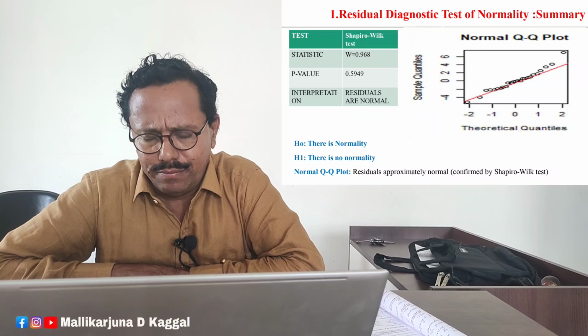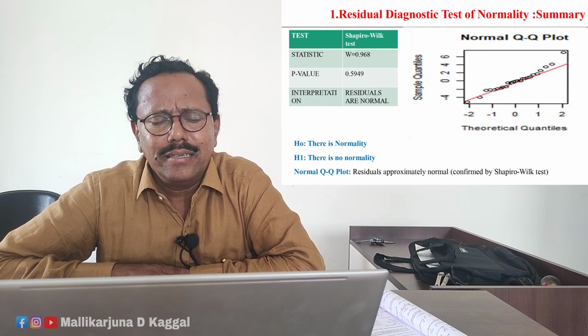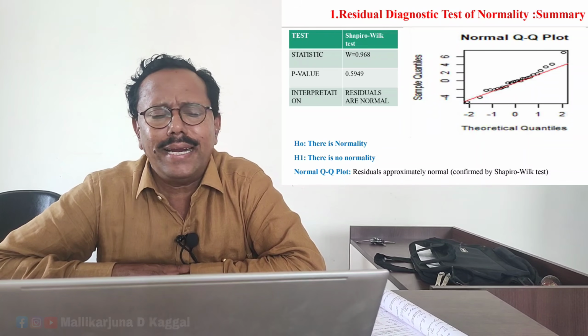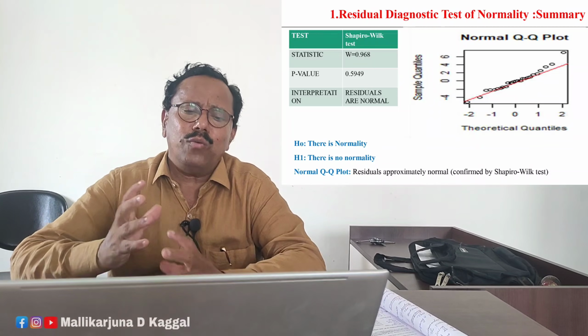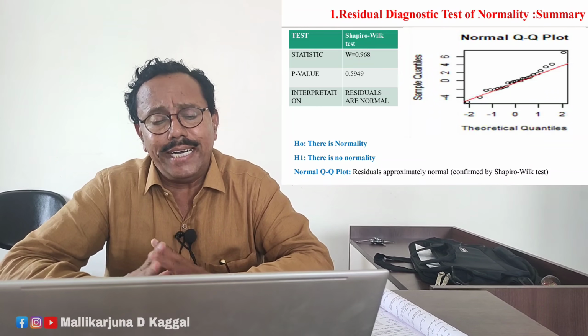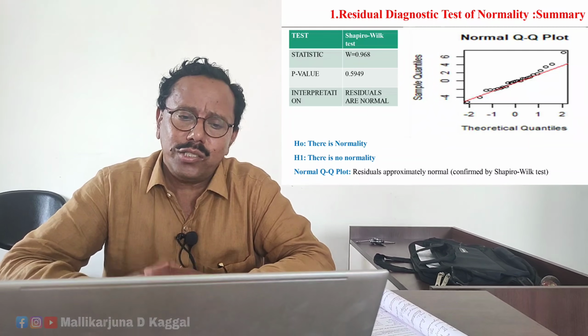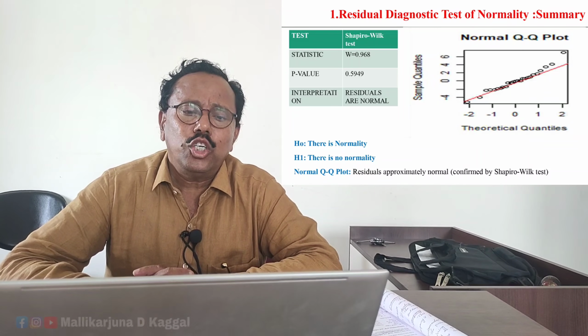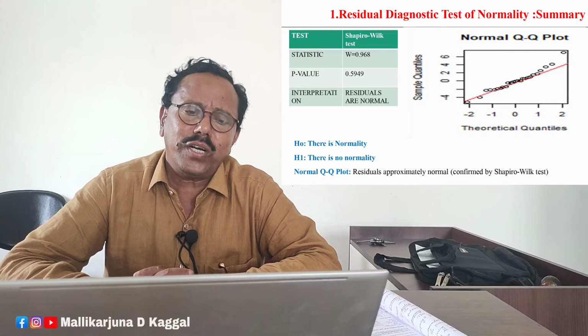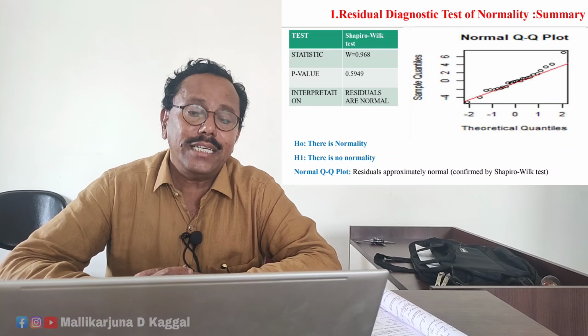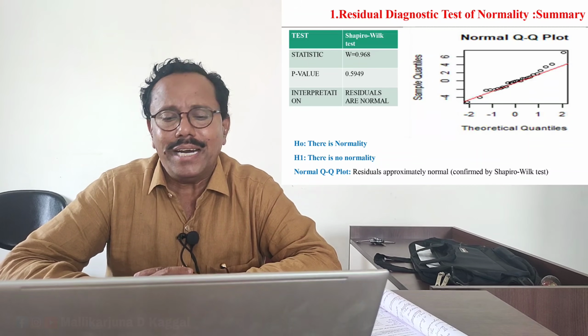This can be tested with the help of the Shapiro-Wilk test. There are many tests, like Jarque-Bera, Anderson-Darling, and many others. Depending upon the type of your data, we can decide which normality test we want to do. If you want robustness, we can go for Anderson-Darling.